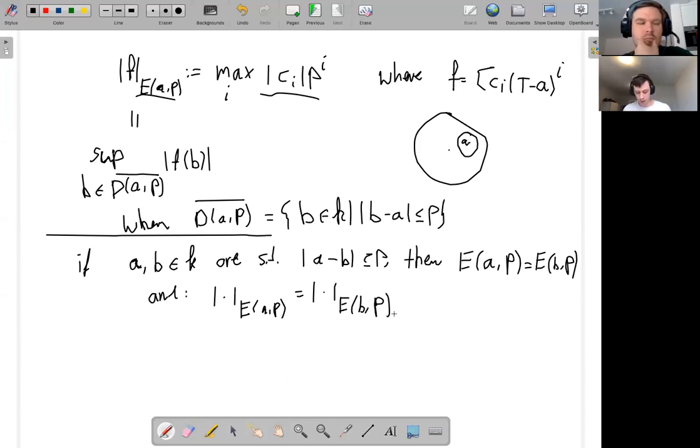So for every combination of a point A and a number P, you get this semi-norm, but some of them are equal. It's not like these give all different points.